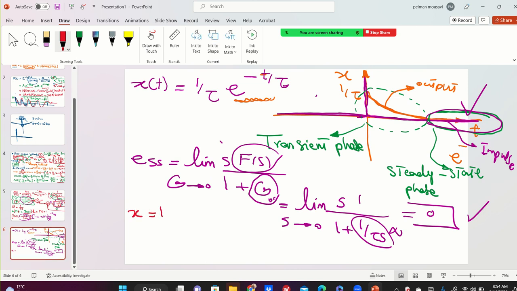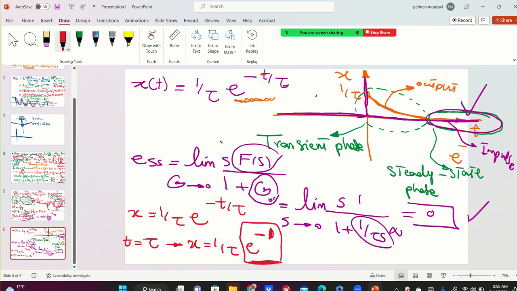X is equal to 1 over tau e to the minus t over tau. If I say time is tau, the time constant, your x is going to be 1 over tau e to the minus 1. Please, one of you, use your calculator and give me the answer of e to the power of minus 1.